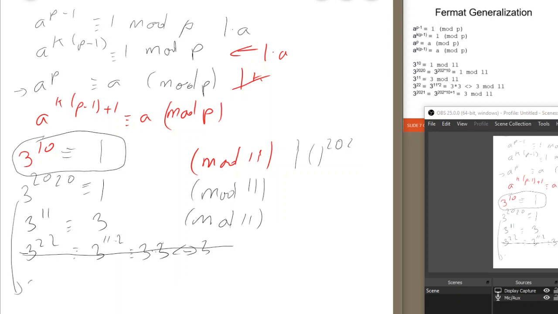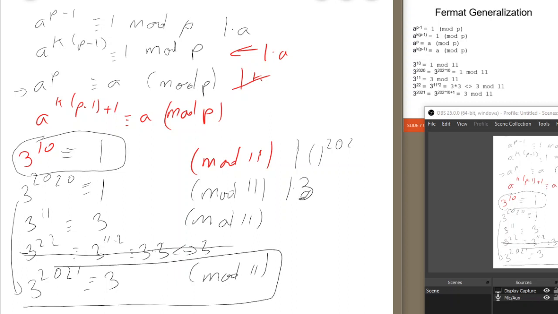This one is nicer. We multiply with a on both sides, with 3 in this case. 3 to the power 2021 congruent with 3 mod 11. And this is because 2021 is 10 times 202 plus 1.